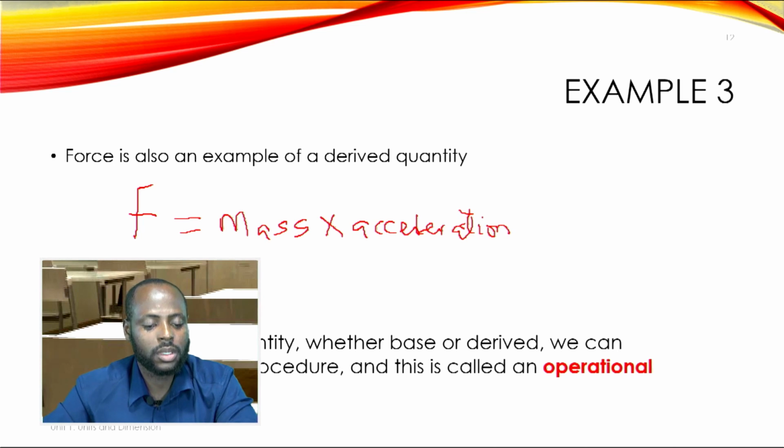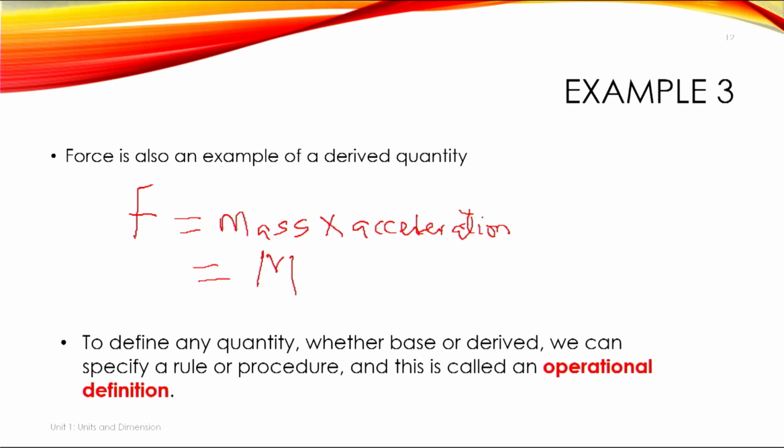So we have mass represented as m, where m represents our base quantity mass, multiplied by our acceleration. We understand earlier that acceleration is the ratio between velocity and time, which is length divided by time squared. So we are able to obtain F, our force, from our base quantities mass, length, and time.